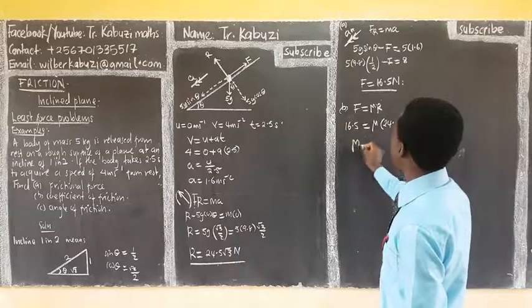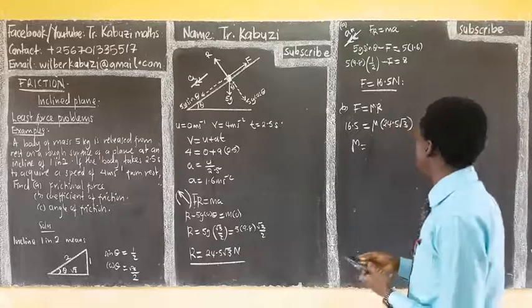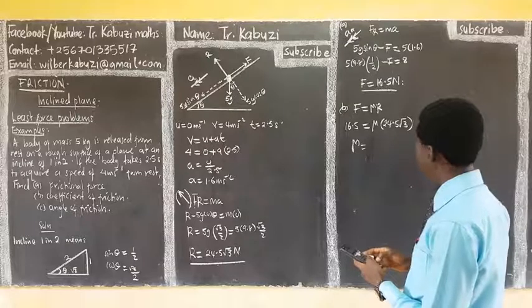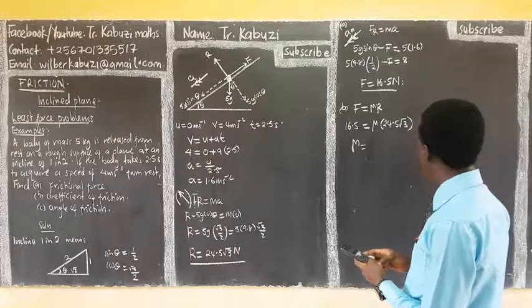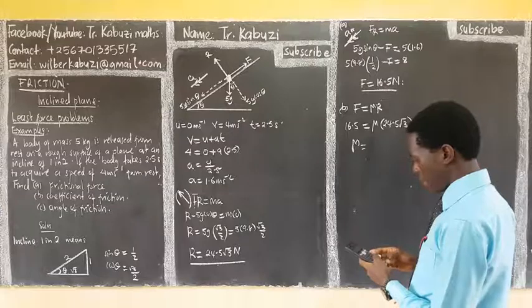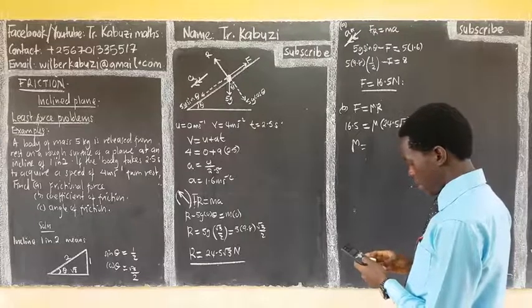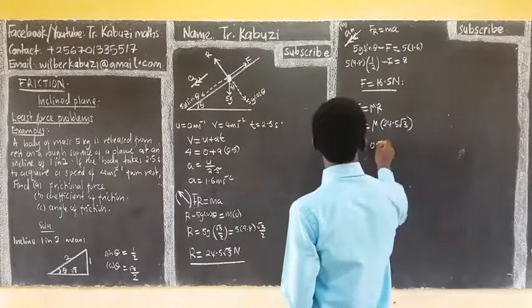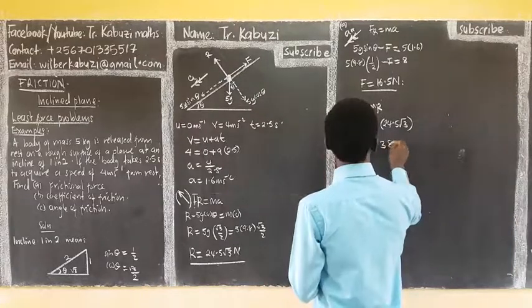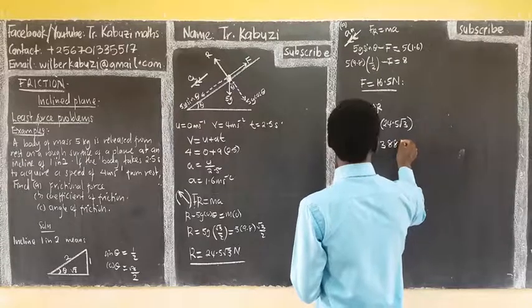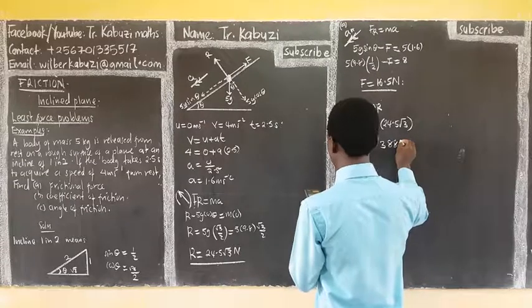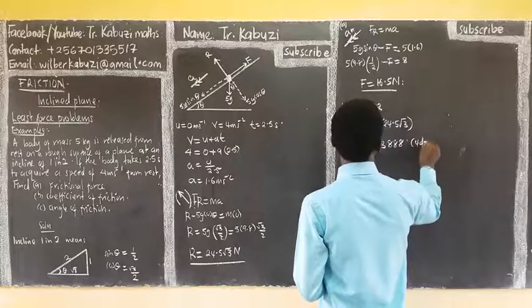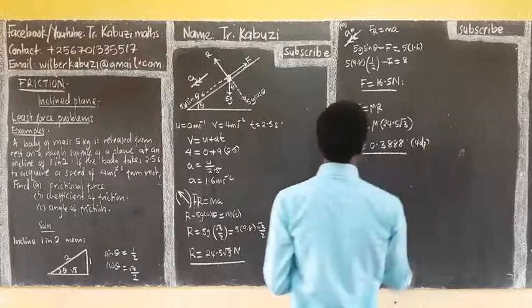When we divide, we get 0.3888. We indicate 2 decimal places for the small basis, that's why I'm giving my answer as 0.39.